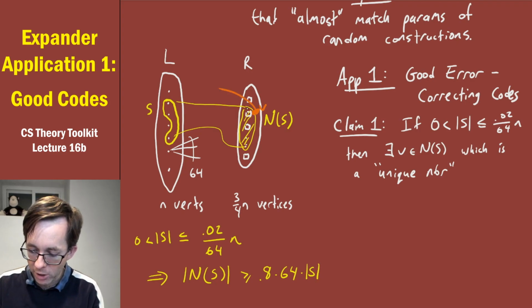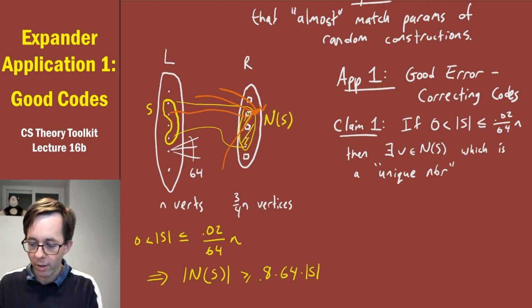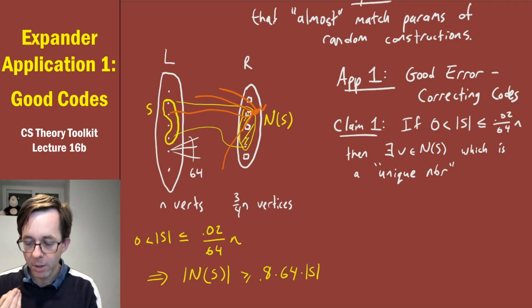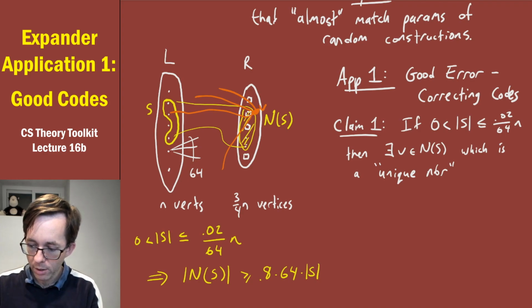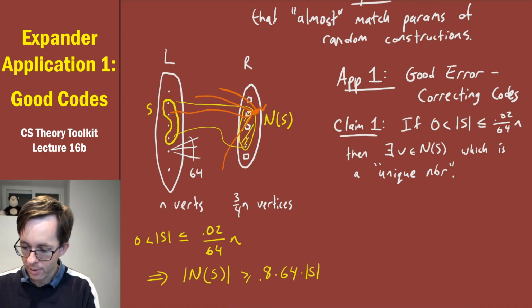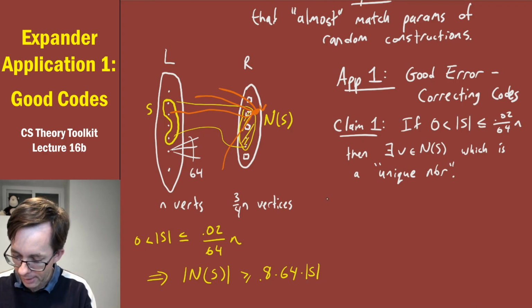Again, what does that mean? Well, V has some edges back to L, and the property of being a unique neighbor, we know it has at least one edge to a vertex in S, because V is a neighbor of the set S, but being a unique neighbor means it has exactly one. Okay, so let's prove this little claim.